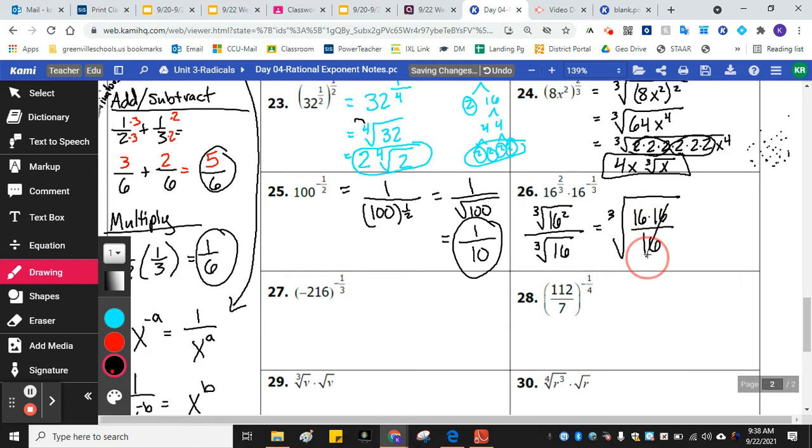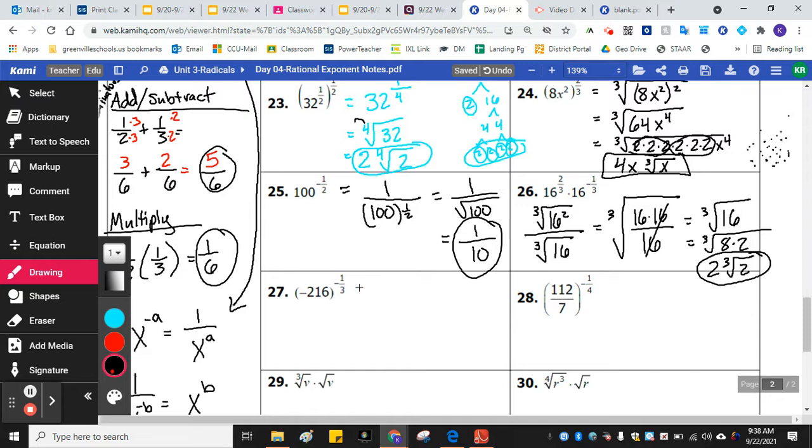Well, 16 over 16 is 1, so that cancels out. So we're just doing the cube root of 16. And break it up. 16 is 2 times 8. And I can keep breaking 8 up, but 8 is a perfect cube. The cube root of 8 is 2. So 2 cube root 2. So all of this goes to 2 cube root 2.